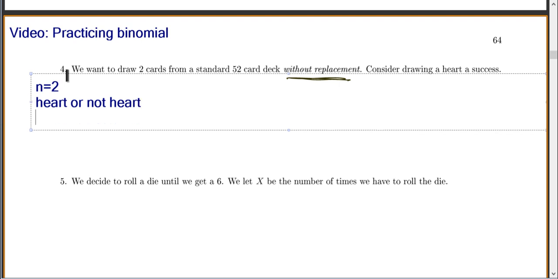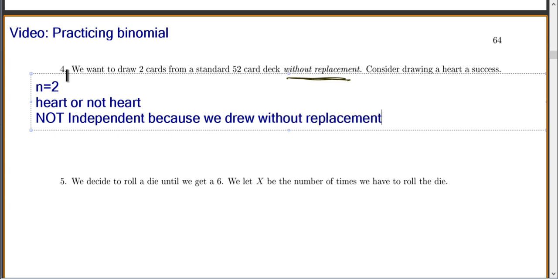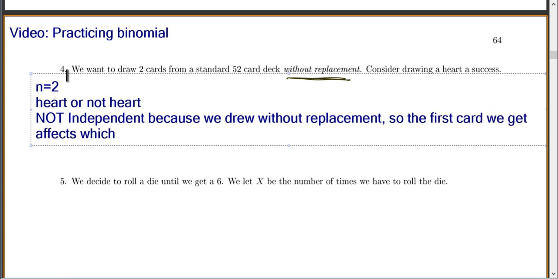Then we want to check, is it independent? Does the first one affect the next one? In this case, they are not independent because we drew without replacement. The first card we get affects which card we get the next time.